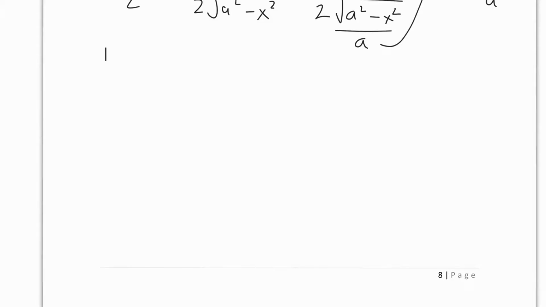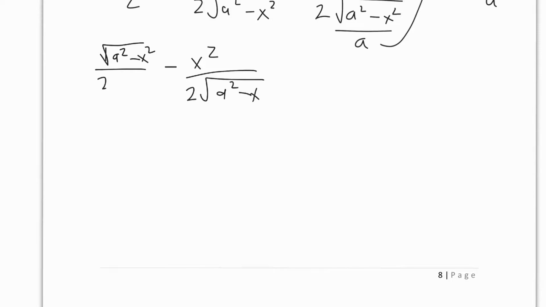So we still have the 1 over 2 and the root a squared minus x squared. But now we have, well, I guess, x squared over 2 root a squared minus x squared plus a squared over 2 root a squared minus x squared.